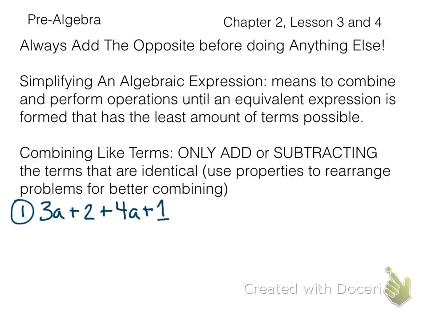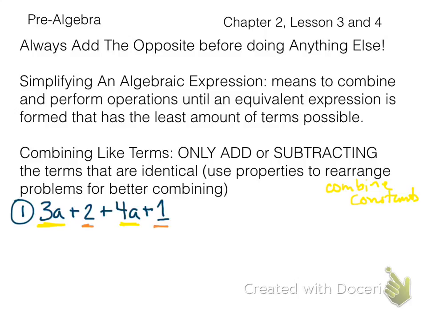So here we go. This first equation starts out with 4 terms, and we need to simplify it down as far as we can. So when we're combining like terms, we're going to add things up that have the same variable. The other thing I forgot to say about combining like terms is you're also going to combine constants. The constants here are going to be underlined in orange.